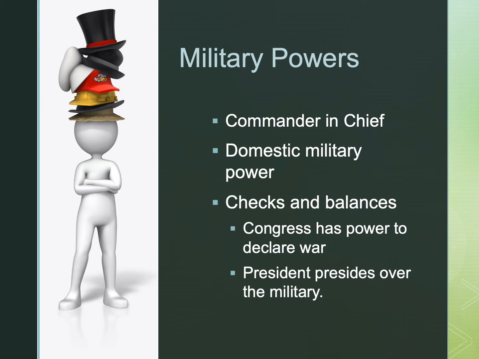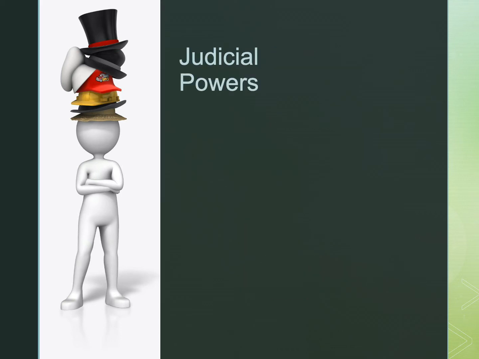And in fact, under the War Powers Resolution that you will read about in your textbook, the president has the authority to mobilize troops to deal with an international crisis without the approval of Congress. That's not regarded as declaring war. But then the president needs to come back after a specified period of time to get the approval of Congress.